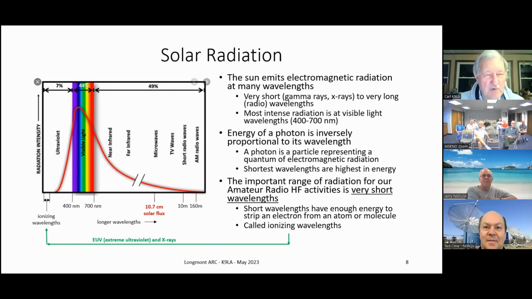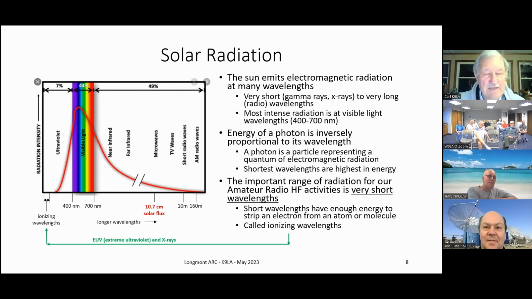The most important range of radiation for our amateur radio activities is those very short wavelengths. And if you follow that green line at the bottom, down to the left, and then back up, you can see where the ionizing wavelengths are. Those are the wavelengths that make the ionosphere.